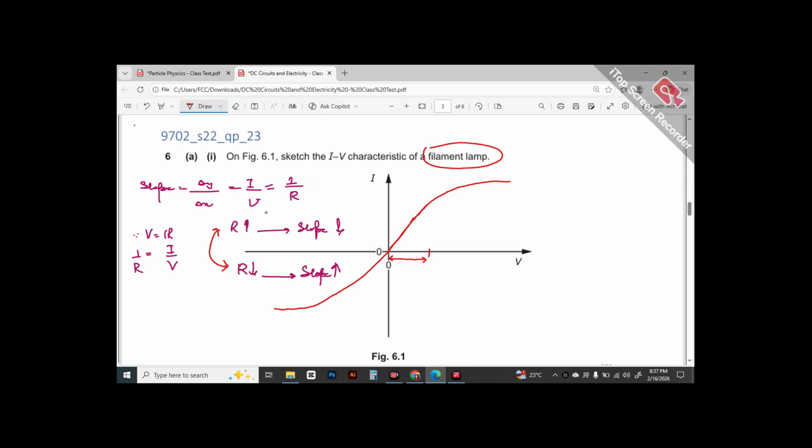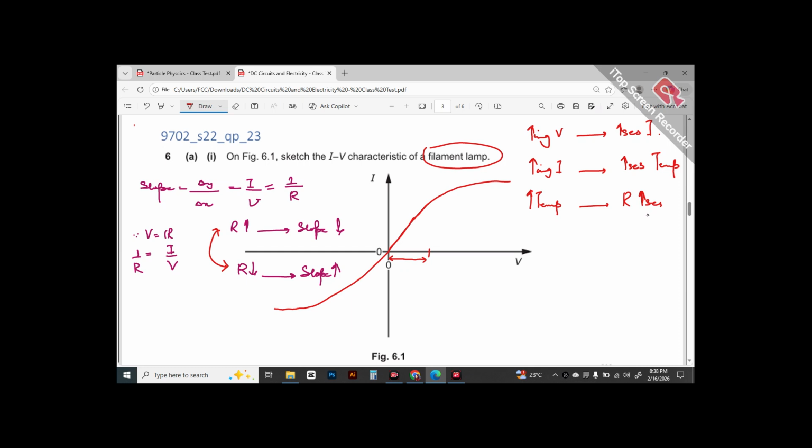That means earlier, if increasing the voltage by 2 volts gave a 1 ampere increase in current, now increasing by 2 volts gives not 1, let's say a 0.6 ampere increase, right? So for your understanding, increasing voltage increases current, but this increasing current eventually increases the temperature of the filament lamp. And as the temperature of the filament lamp increases, its resistance also increases, right?